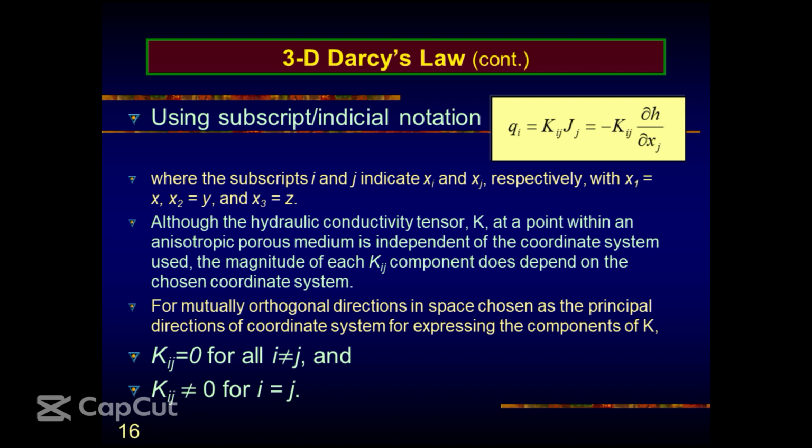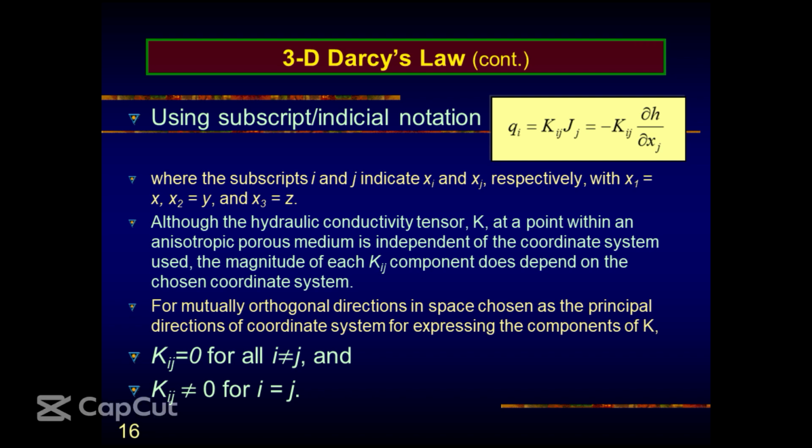You have seen that, because that's what takes us to aligned anisotropy or unaligned, isn't it? If it is aligned, then the cross terms will be 0, for mutually orthogonal directions in space, chosen as the principal directions of the coordinate system for expressing the components of K. So this is exactly what I'm saying.